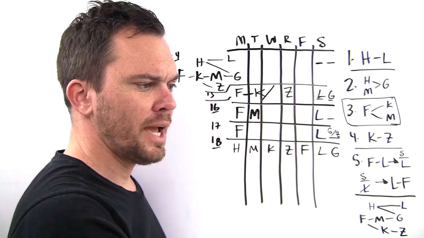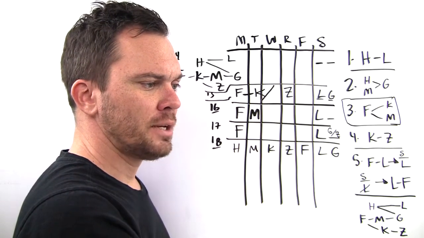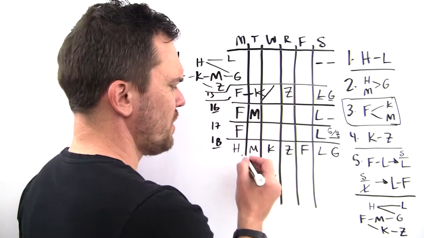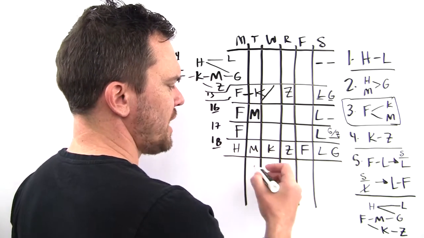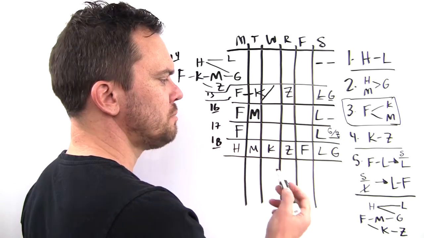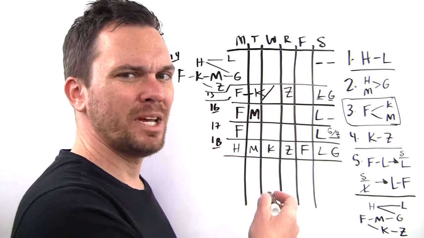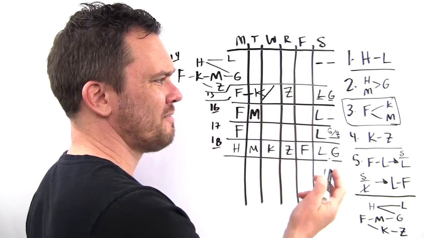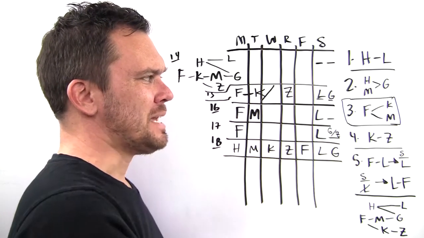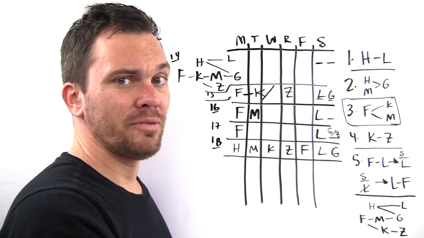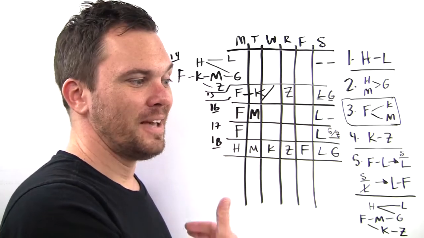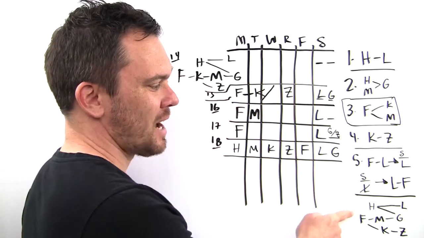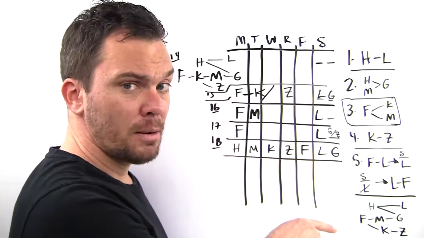Answer choice C, only H or L can be on desk duty earlier than Flynn. So the only people we can put before F are H and L, which means everybody else is after F, which means K and M are after F. There's no way for me to put K and M, or either one of them, before F. If answer choice C is true, it has exactly the same outcome as our original, which, by the way, we talked about at the very beginning.